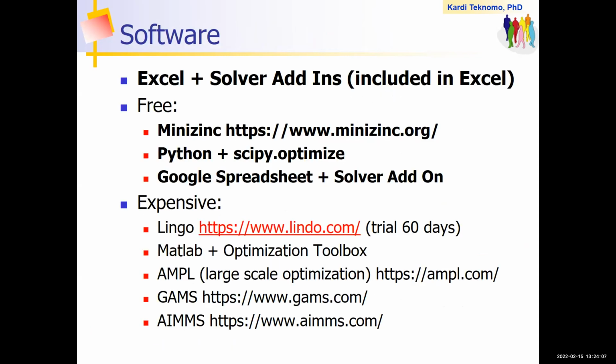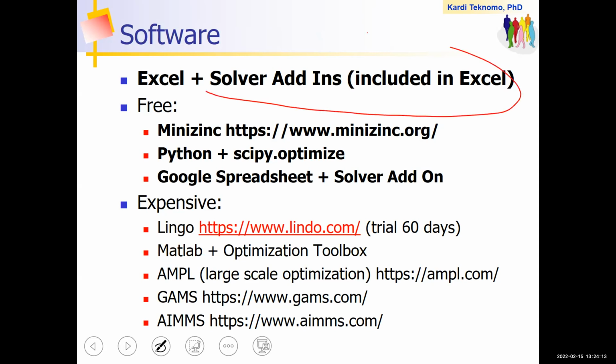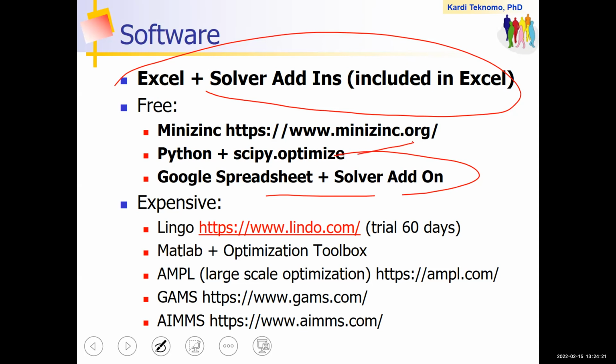Now, in this course, our main software will be just Excel, or you can also use Google Spreadsheet with Solver add-ons. If you like to use Python, you can use Python with SciPy. And I ask you to download MiniZinc, which is also a free software. There are many other software for optimization.